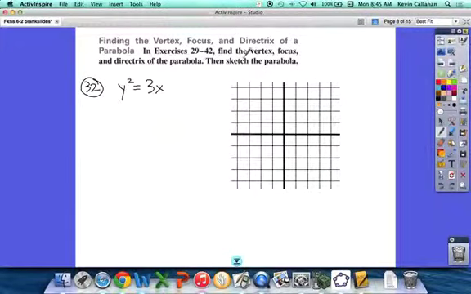And you're going to have an example worked out right there with it. Right? So for the first, it says, find the vertex, the focus, and the directrix of the parabola, and then sketch the graph. Right? This is the equation that we're starting with. So first thing, looking at that, is this going to be vertical or horizontal?